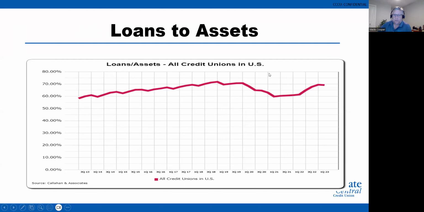And of course, if the cash is landing on the assets, your denominator is getting bigger. Loans might not be keeping up, so you have a drop in the loan to assets. Then the free money kind of stopped.